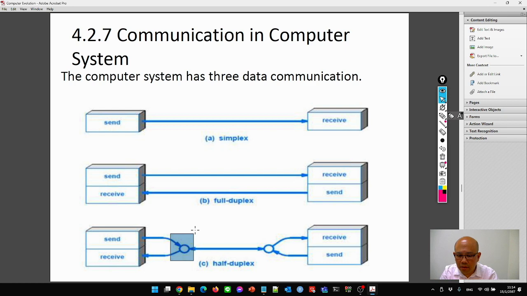When switching send and receive at very high frequency, the sender and receiver feel like it is a full duplex communication, but inside it is maybe built from half duplex by high frequency switching.